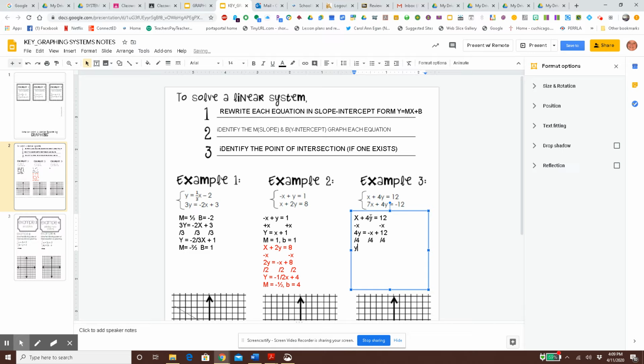I'm going to get y equals negative 1/4 x plus 3. And just so we're clear, that x is actually being multiplied by the 1/4, same with over here. x is being multiplied by 1/2. It's not in the denominator. So m equals negative 1/4 and b equals 3.